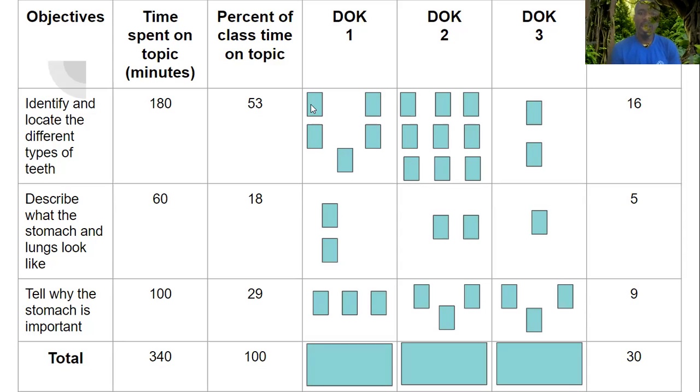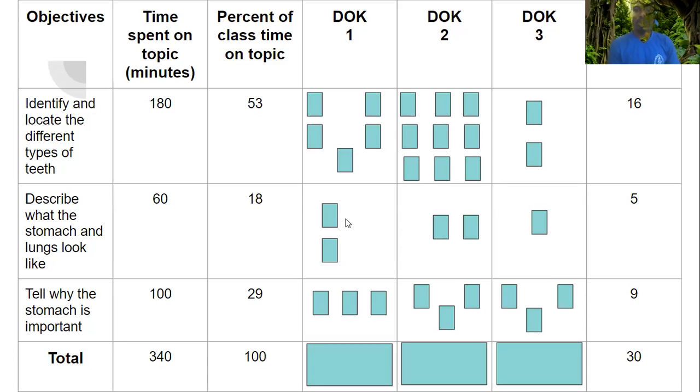So here I have 5 questions for DOK level 1, 9 questions for DOK level 2, and 2 questions for DOK level 3. So when I add 5, 9, and 2, I must get 16. If I'm not getting 16 here, it simply means that I did something wrong with the calculation in allotting these questions. And I go to objective number 2.